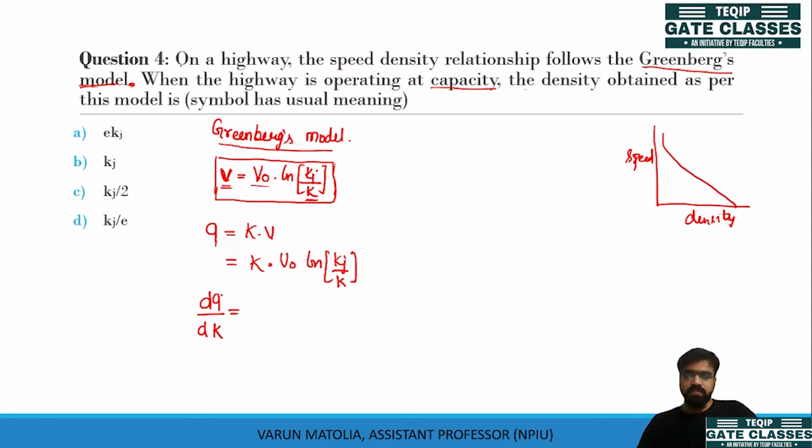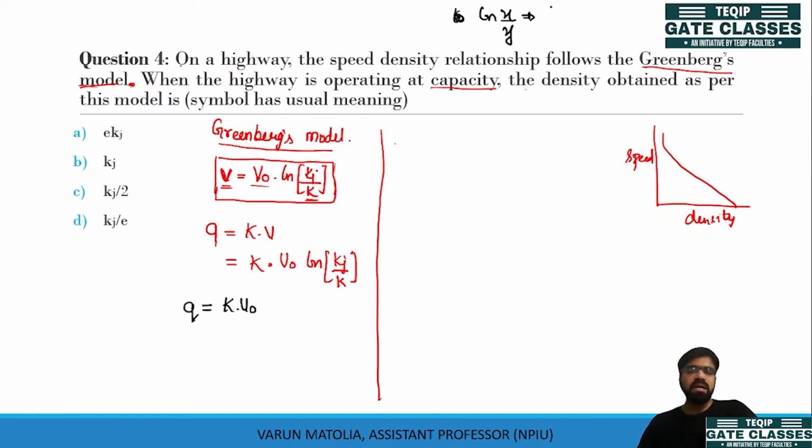So let us differentiate it. Before differentiating, let us write this Q value as K V naught. I am using the operation for log: natural log of x by y can be written as log x minus log y.